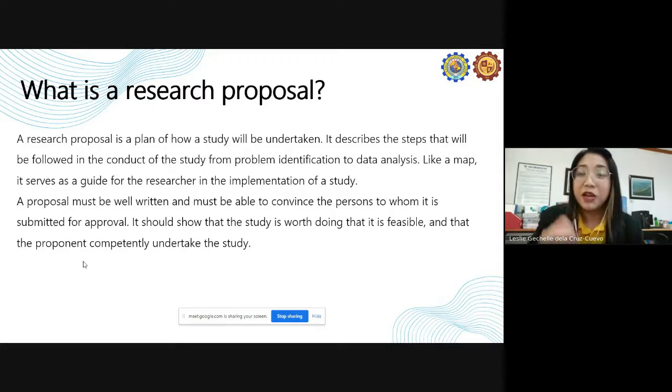Kumbaga, hindi porket naisip mo, qualified kang gawin yun. So, lahat ng patungkol sa medicine, hindi ako qualified. Lahat ng patungkol sa engineering, hindi rin ako qualified doon. Wala akong kaalam-alam doon. Kahit pa na feasible yung study na kayang gawin, pero ako hindi ako competent para gawin yung study na yun. Okay? So, again, kasi sa mga proposal, nilalagay nyo rin dyan yung credentials ninyo.